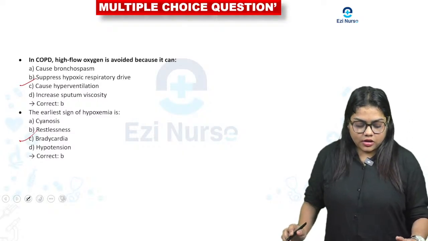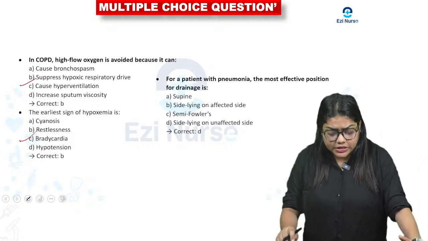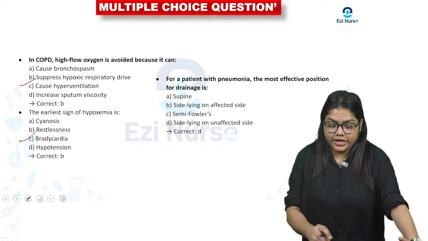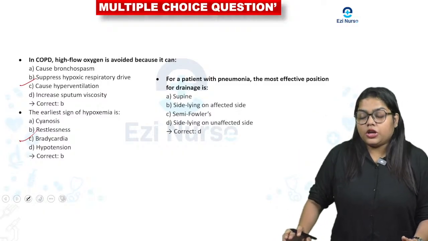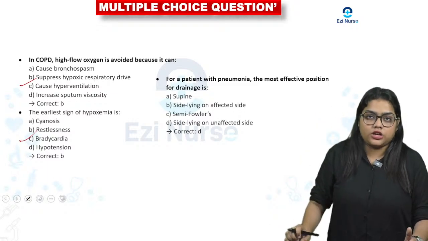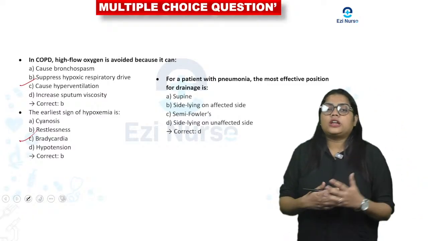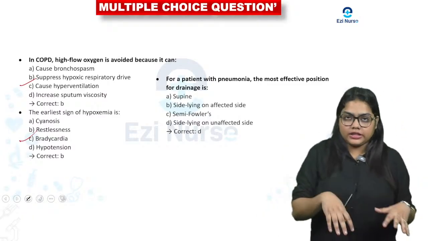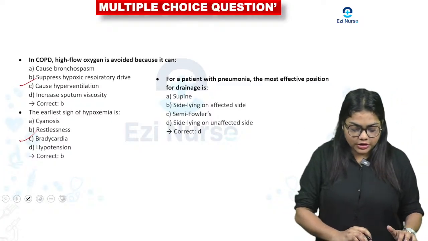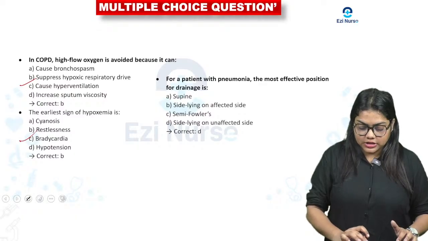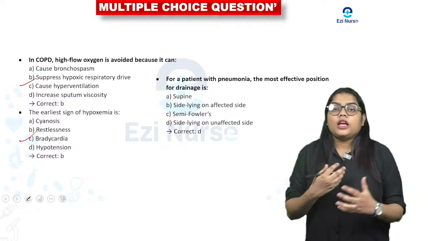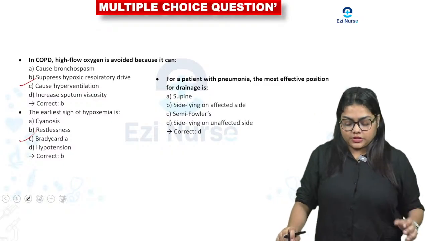The next question is, for a patient with pneumonia, the most effective position for drainage. We know that in a pneumonia patient the lungs and alveoli will be full of mucus, so to drain the mucus we have to do some procedures. Which posture is most helpful during the procedure?